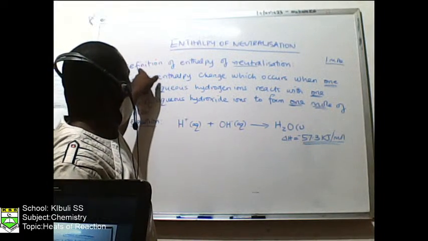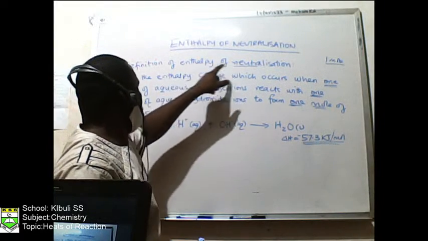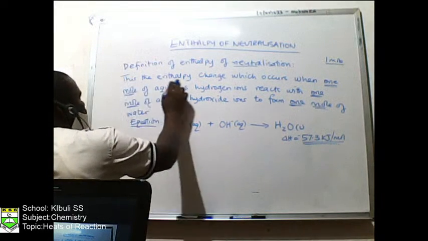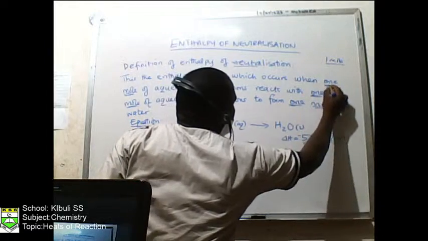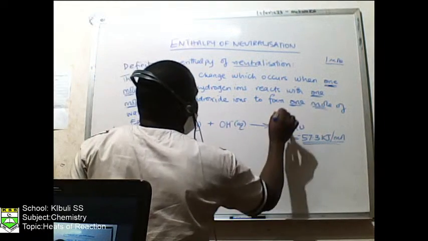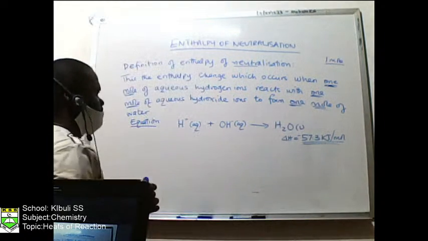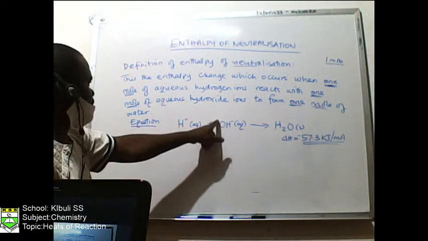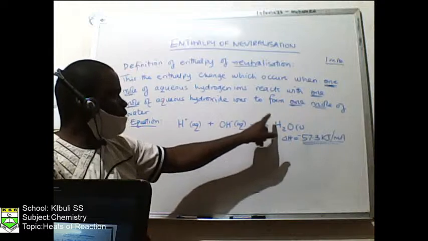In our enthalpy of neutralization definition, this is what we have. It is the enthalpy change that occurs when 1 mole of aqueous hydrogen ions reacts with 1 mole of aqueous hydroxide ions to form 1 mole of water. So just as you see in the equation, this is 1 mole, this is 1 mole, and even this is 1 mole.